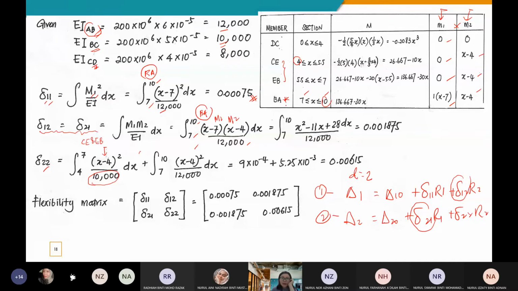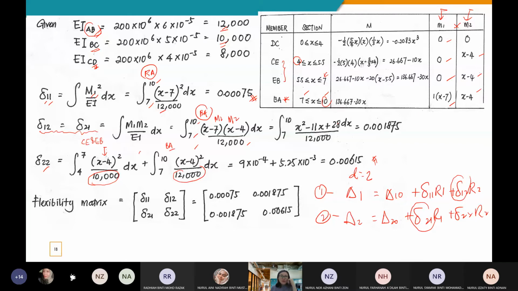Member AB, the EI is 12,000. So you have 12,000 stated here. So this statement is for BA. So the range for CE and EB has been combined, from 4 to 7, because they are sharing the same moments. If they are not the same, then you cannot combine this integration. So you can find this delta 22 as well.